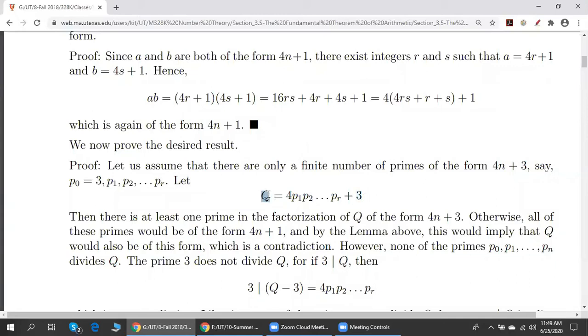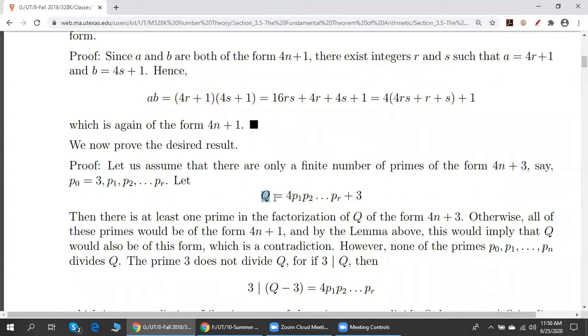So Q is odd. Therefore, Q does not have an even factor, because if Q has an even factor, Q is even, but Q is odd. So, conclusion, any factor of Q is either of the form 4n plus 1 or of the form 4n plus 3.